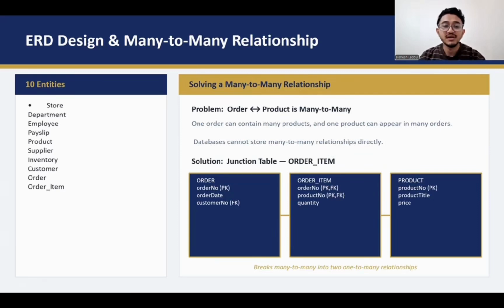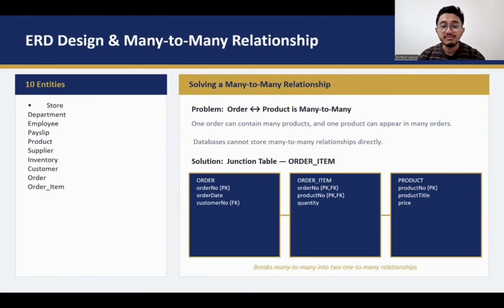So here we have a many to many relationship. That is, one order can contain many products and one product can appear in many orders. As we know, this creates a many to many relationship which cannot be directly implemented in a database.